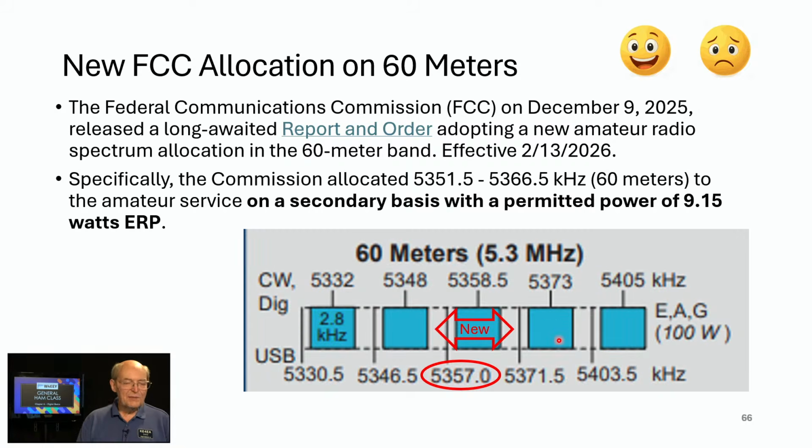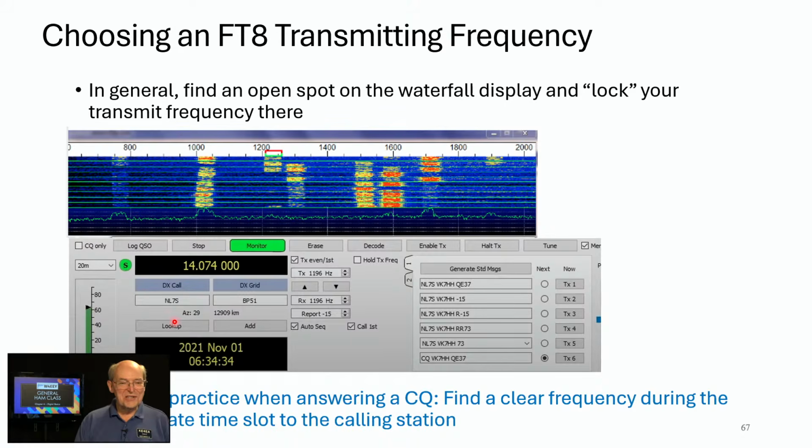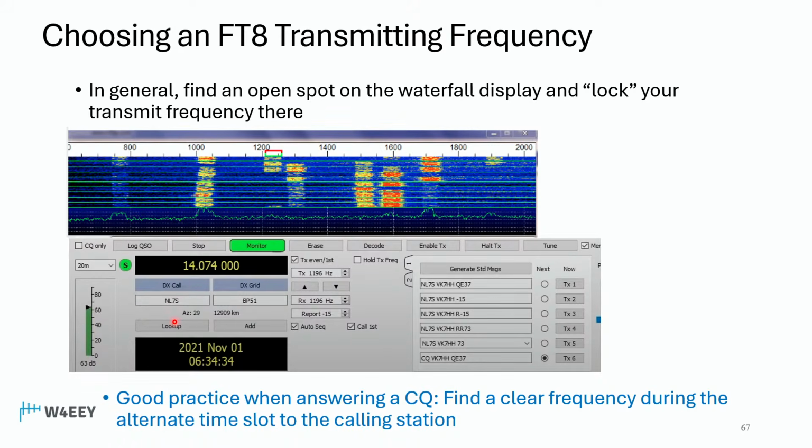Now, all of this might not mean a lot to you because you might not be active on FT8 and you might not be active on 60 meters when you first start out in your HF career, if you want to call it that. But just be aware that there are some special requirements on 60 meters. No pool questions, because this just came into being 2 weeks ago, became effective.